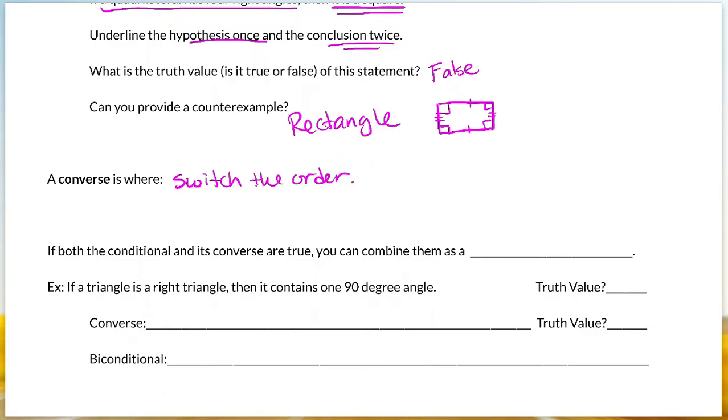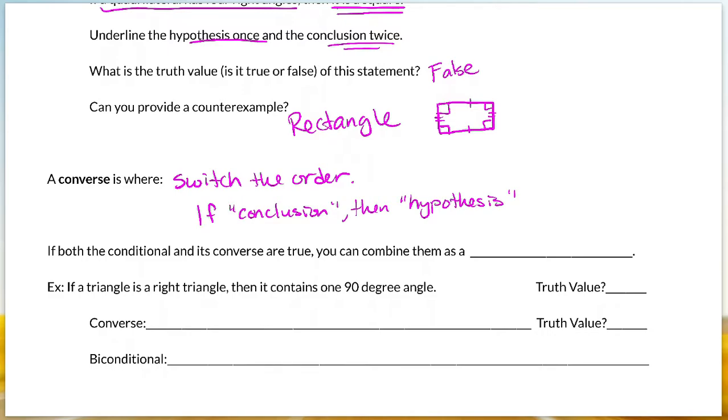And so I'm going to just put here as a little note, if conclusion, then hypothesis. It's basically the backwards version of the statement.